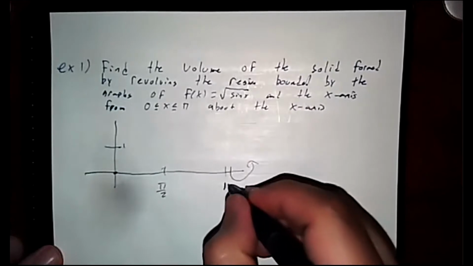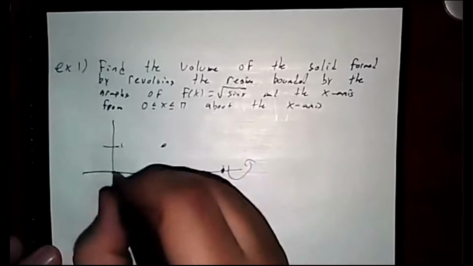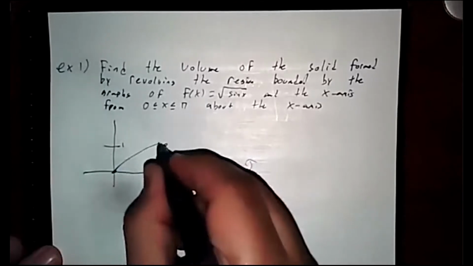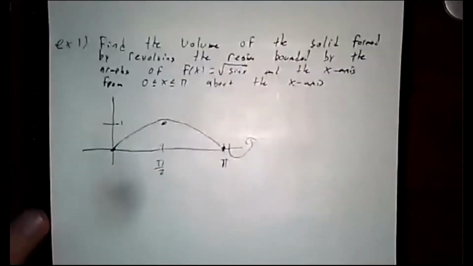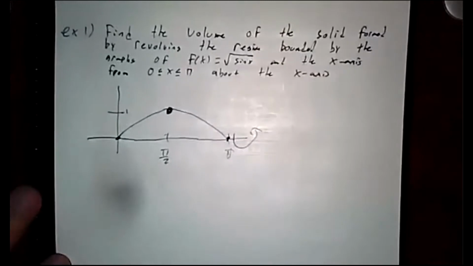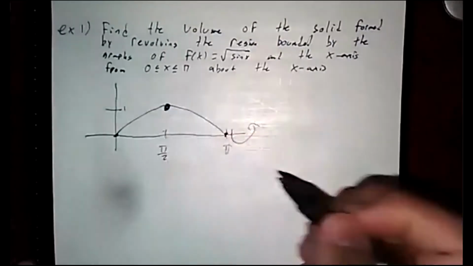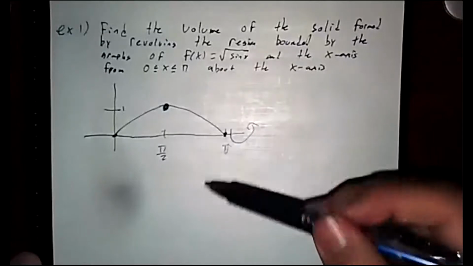Oh, I'm sorry, pi. So 0 here, 1 there, 0 here. Sine looks like this when you square root it. Just make it bigger. Okay, so this is the region I'm going to spin around, which forms like an egg kind of shape, right?